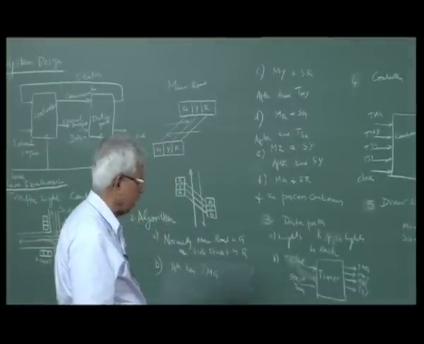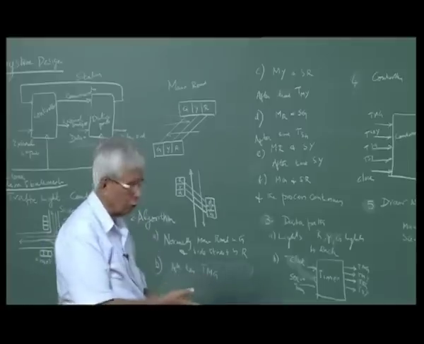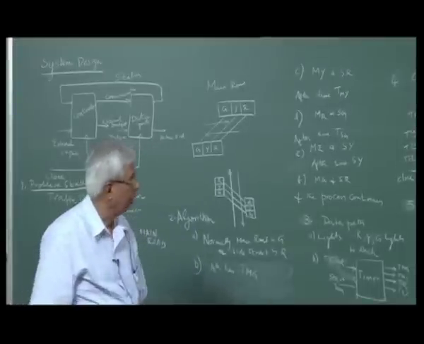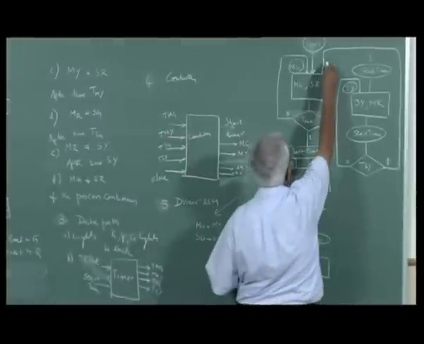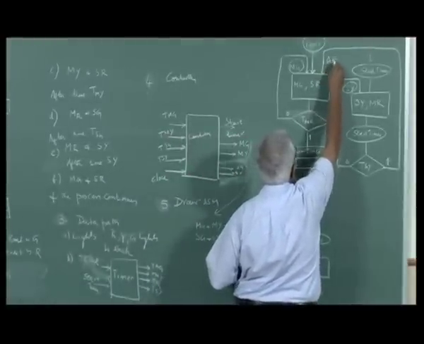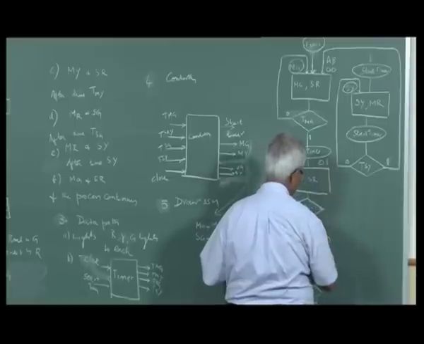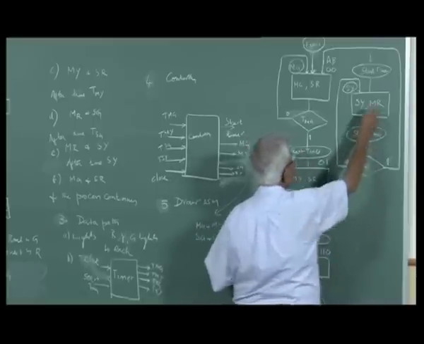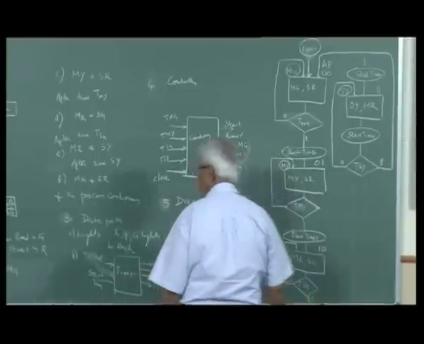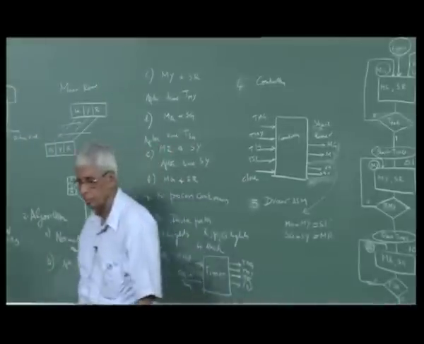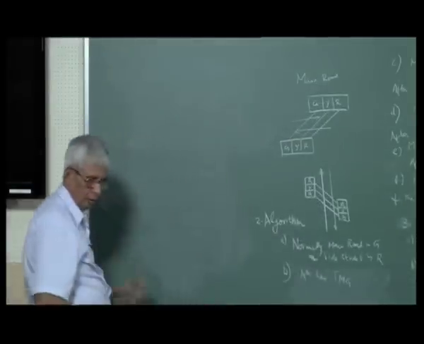There are only 4 states. Simple. So let us call these states AB: 0 0, 0 1, 1 0, 1 1. 2 flip-flops will do the job. So next is the ASM table.